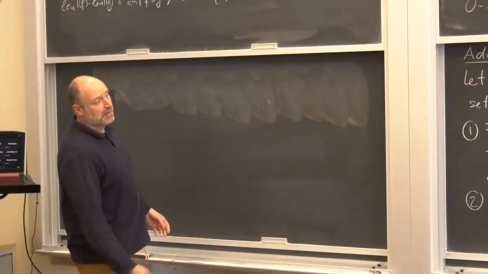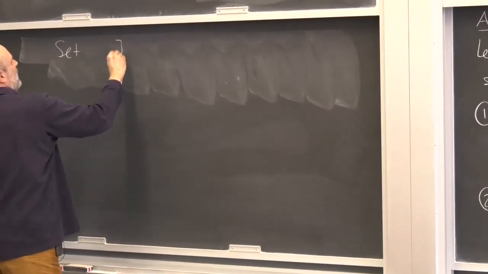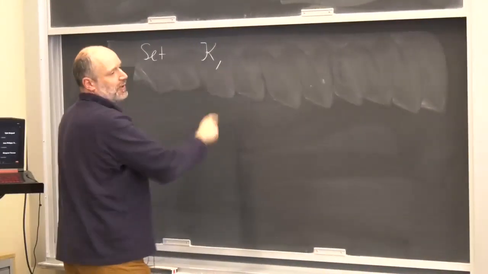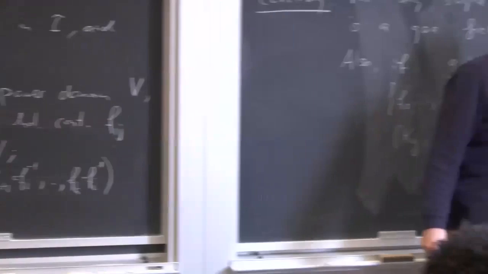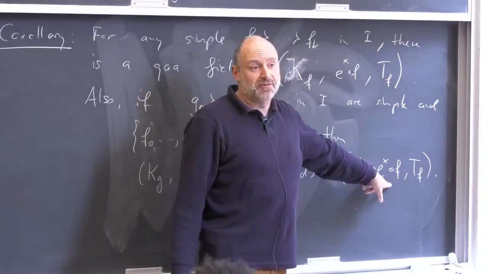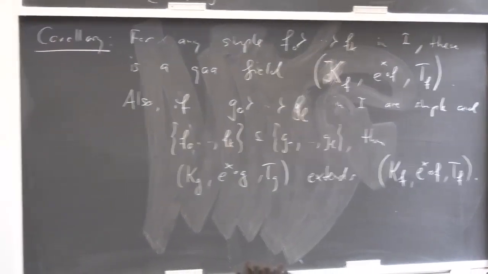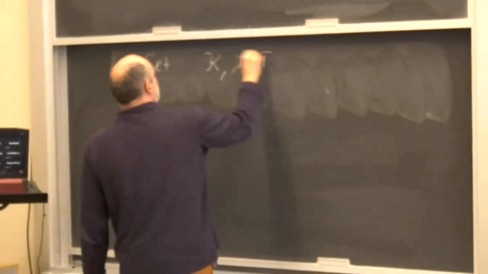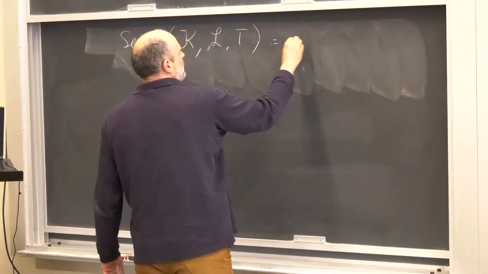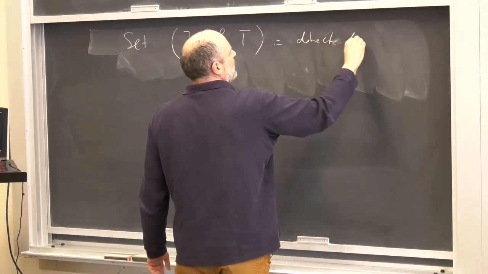So that means, what's the direct limit of all these transmonomials here? It's just going to be L, the collection of all convergent transmonomials. So K_L is the direct limit of the system.